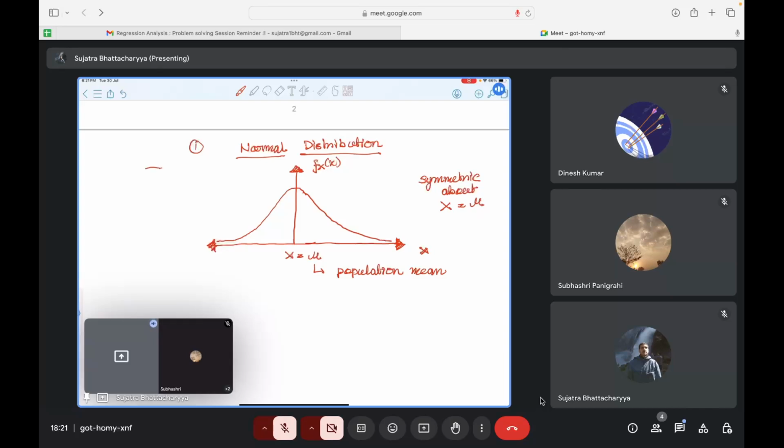So in statistics, you have a population, which is a large set, and below it you have a smaller set, the sample. So there is a sample mean and a population mean. Similarly, there is a sample variance and a population variance.